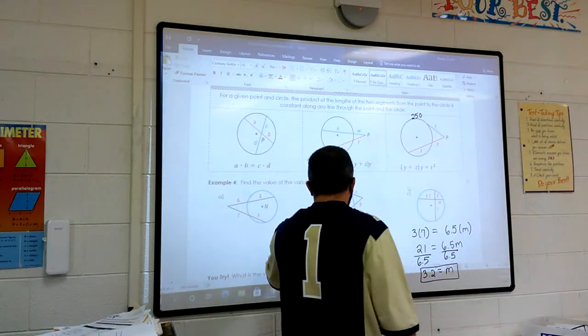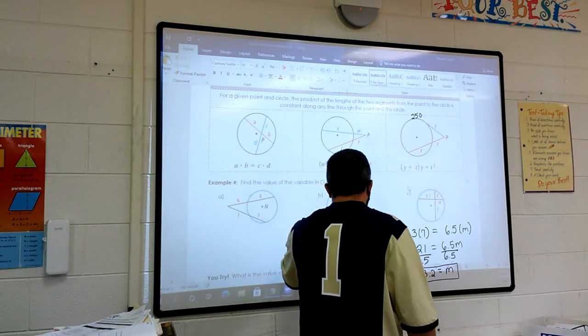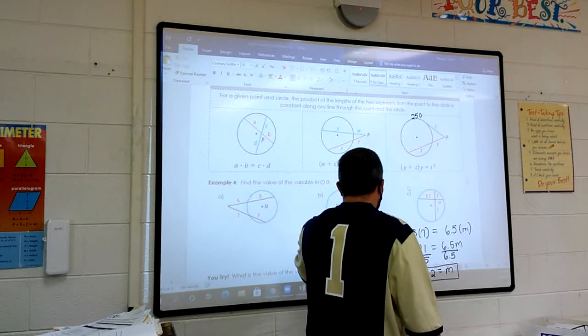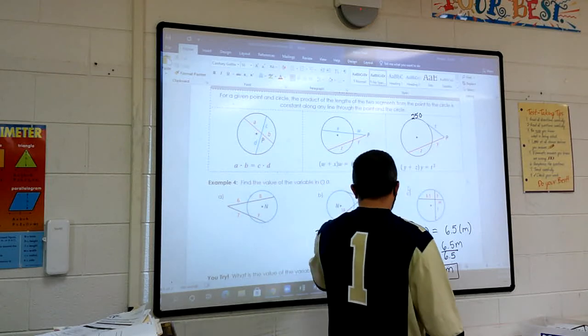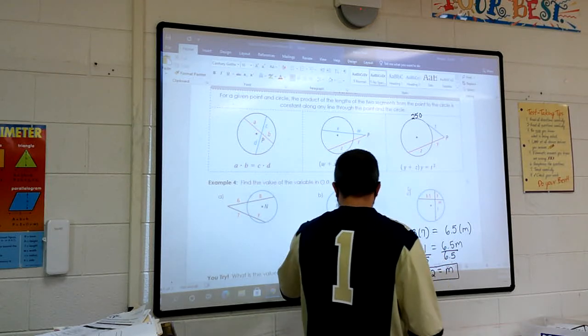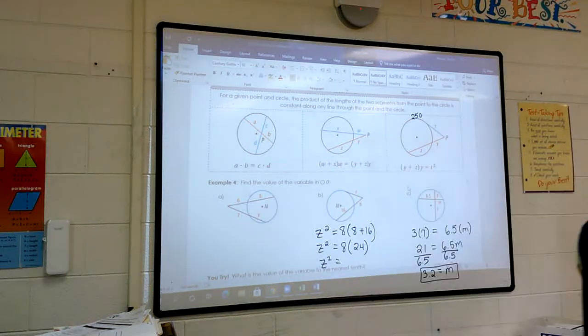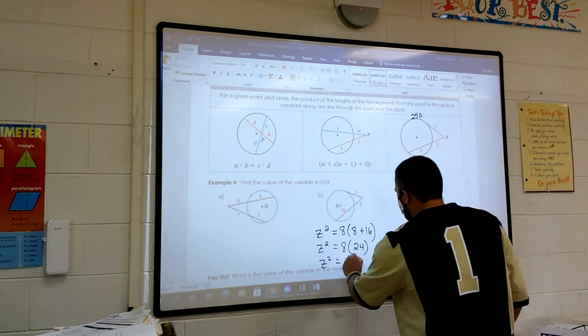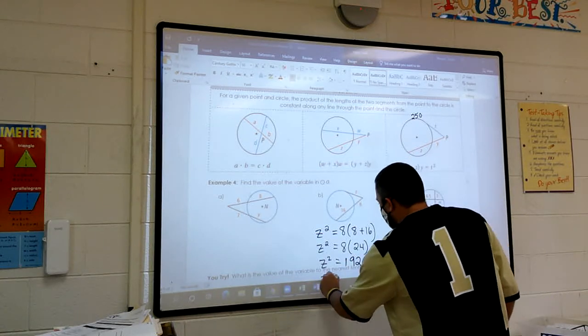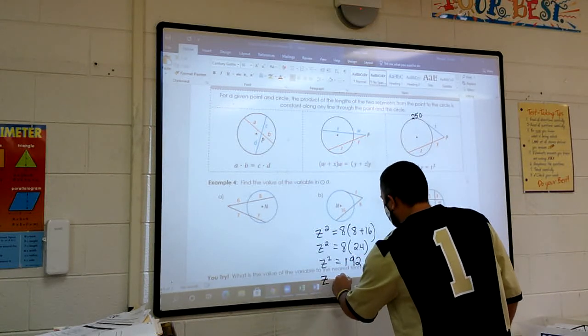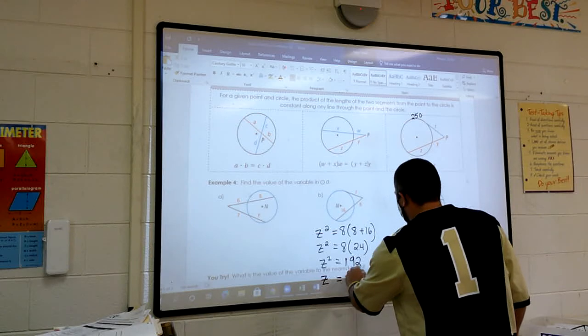So Z squared equals 8 times 8 plus 16 is 24. So we're going to say Z squared equals 8 times 24. And that is 192. And then how would we solve for Z here? Square root. So square root of 192.